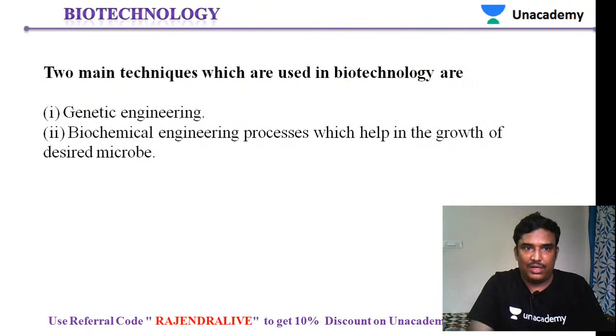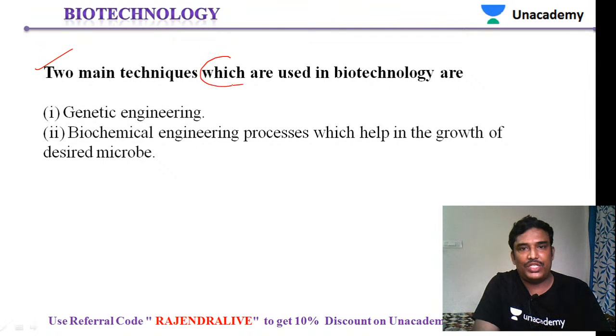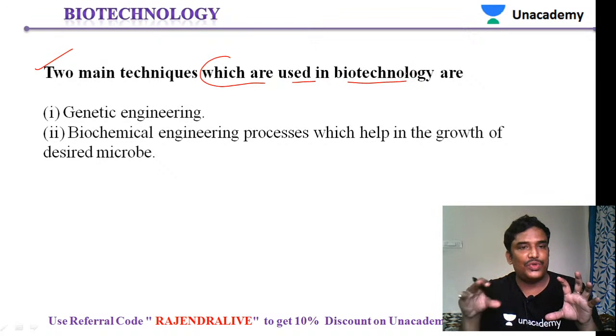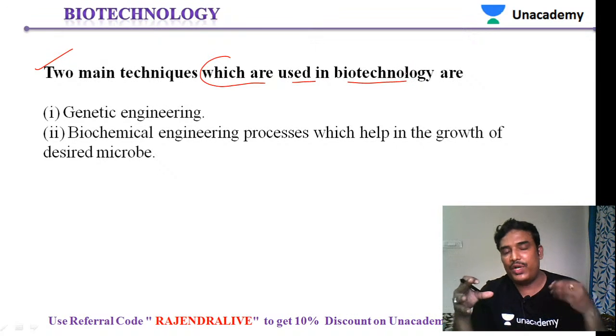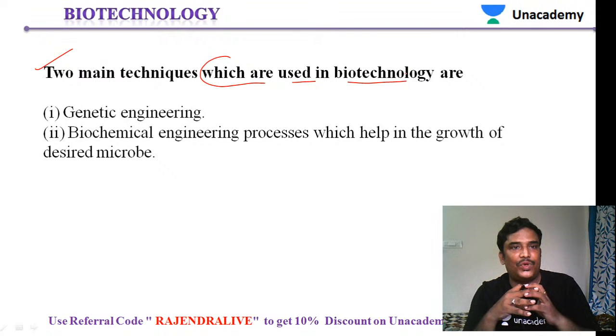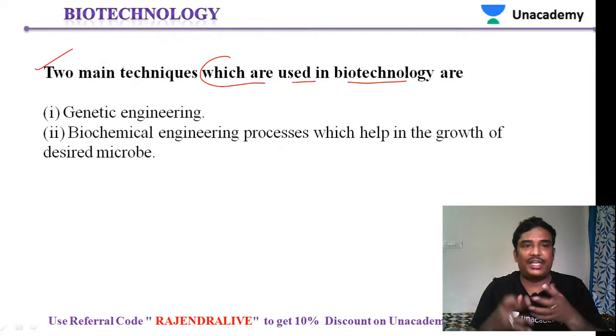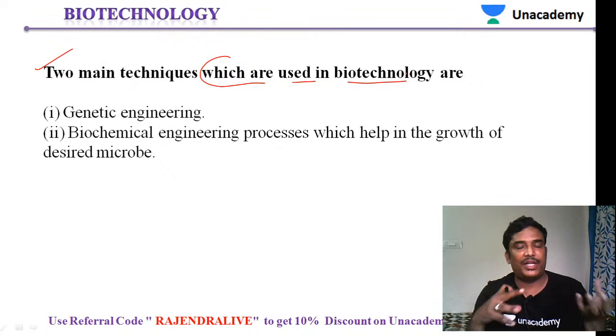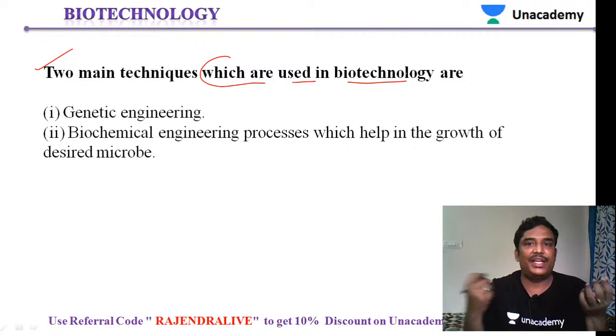Let us see, there are two main techniques used in biotechnology. Just now we have seen the oldest application of biotechnology is fermentation, and the recent advanced technology involves recombinant DNA technology.